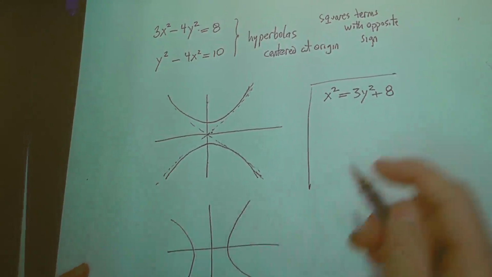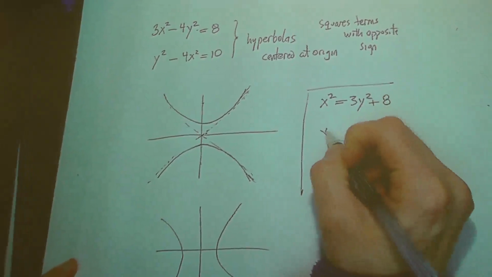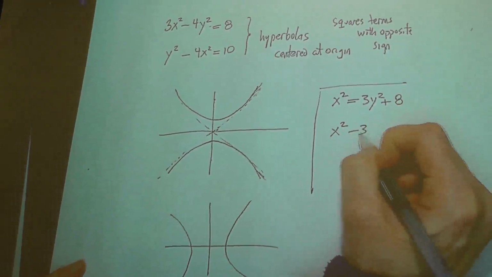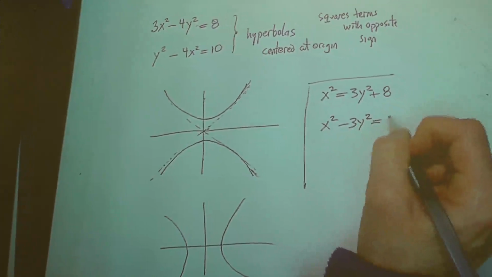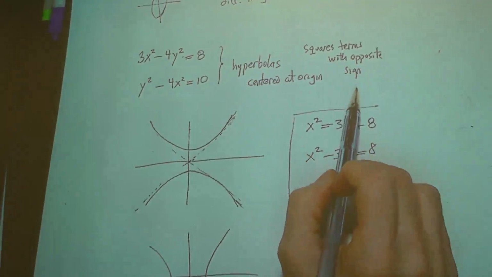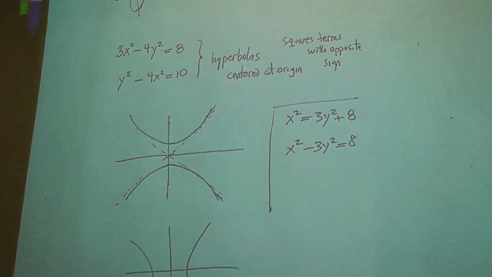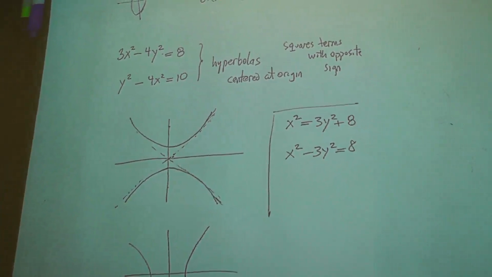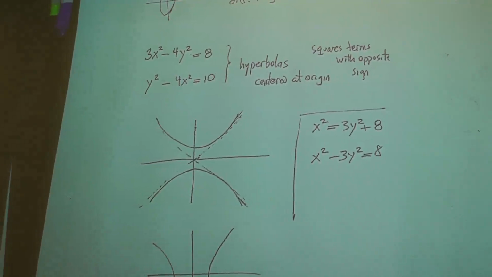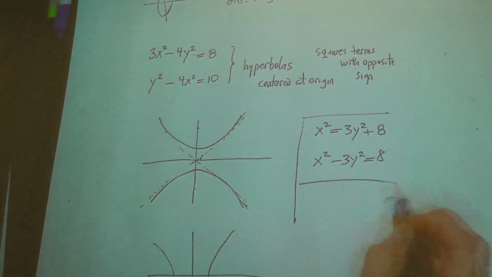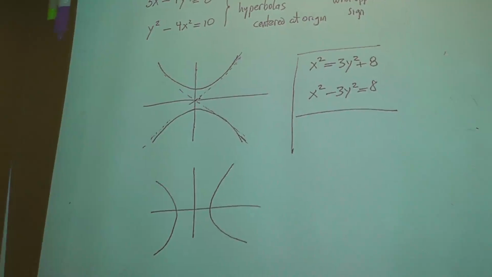But in fact, you want your square terms on the same side of the equal sign before you go determining pluses and minuses. Okay? Okay, so these are what are called conic sections.